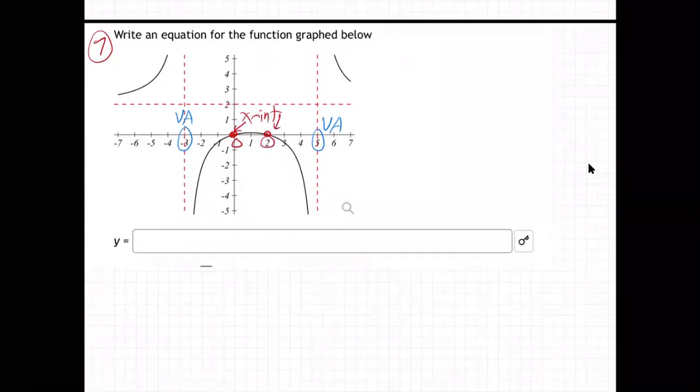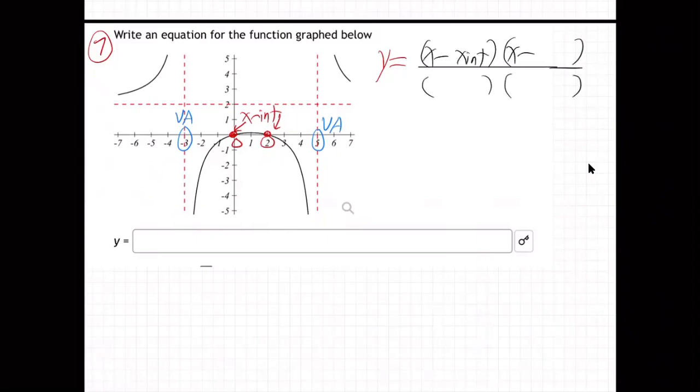So remember what we learned about writing the equation? It's y equals, and then the big fraction bar, and then we have x minus x-intercept and x minus x-intercept on top, and on the bottom it's x minus vertical asymptote and x minus vertical asymptote.